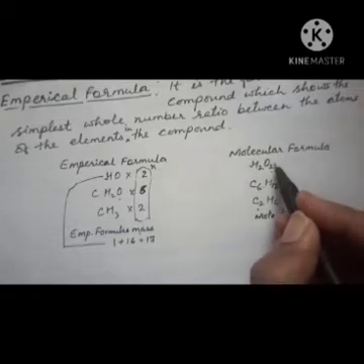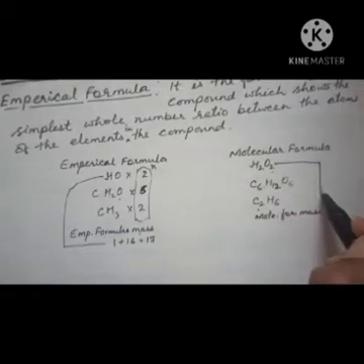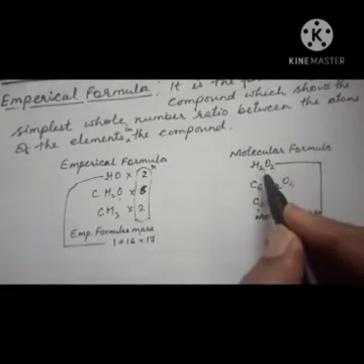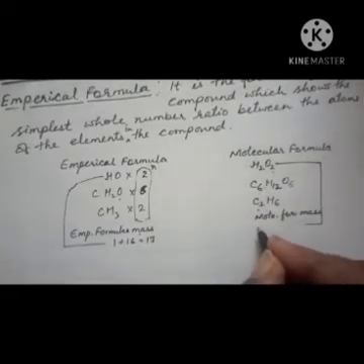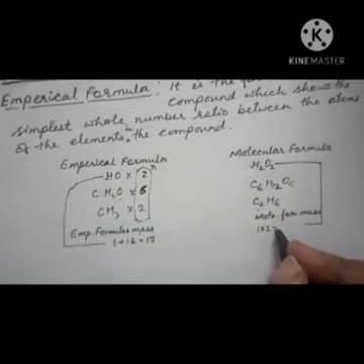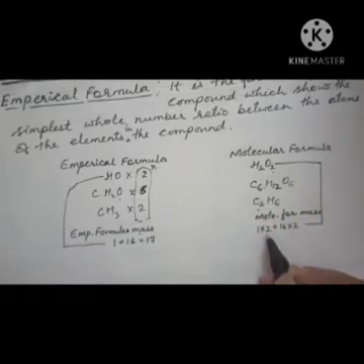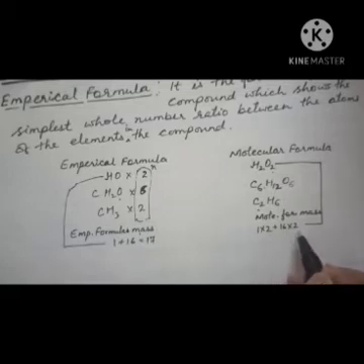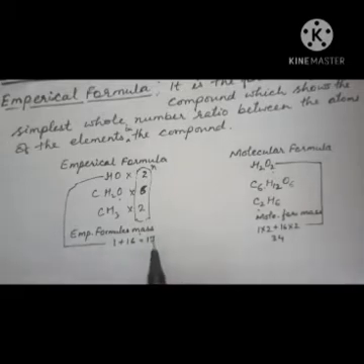The same way, if we find the molecular mass of hydrogen peroxide: 1 into 2, the atomic mass of hydrogen is 1, plus the atomic mass of oxygen 16 into 2. So 2 ones are 2 plus 16 twos are 32. That is your 34. It means if you multiply this empirical formula mass with 2, you get the molecular formula mass.